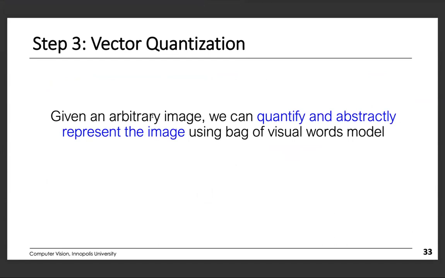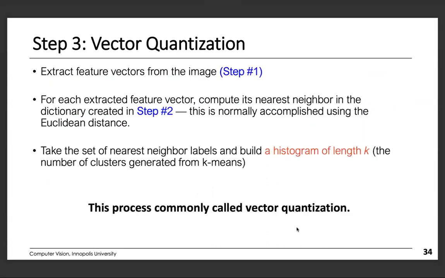So given an arbitrary image, we can quantify and abstractly represent the image using the bag of visual words model. How will we do that? Using step 3. Extract feature vectors from each new image. For each extracted feature vector, compute its nearest neighbor in the dictionary created in step 2. And this is normally accomplished using Euclidean distance.